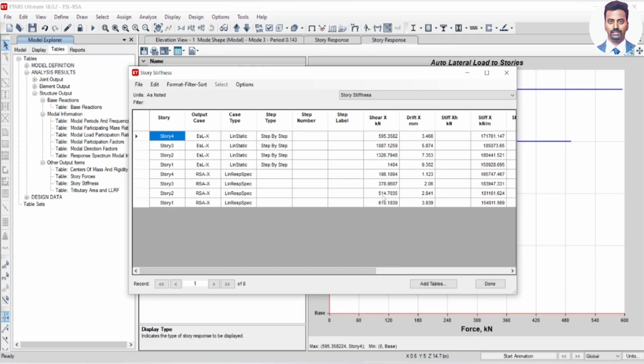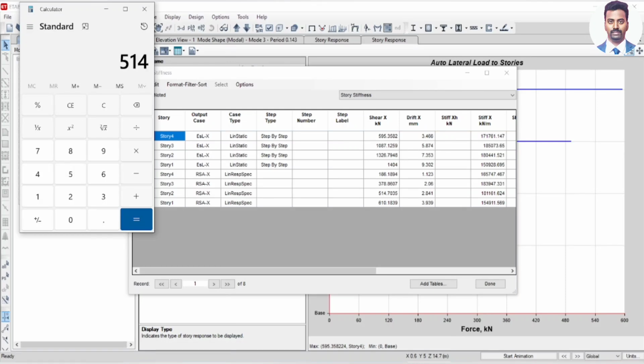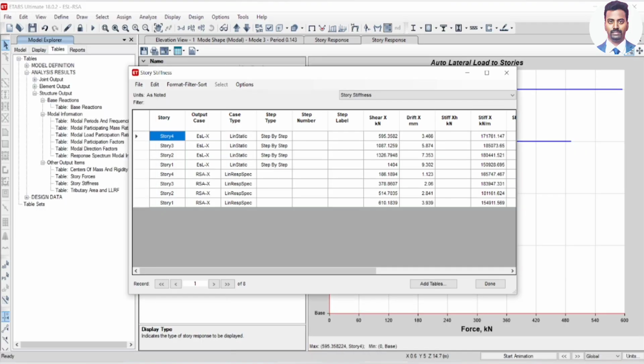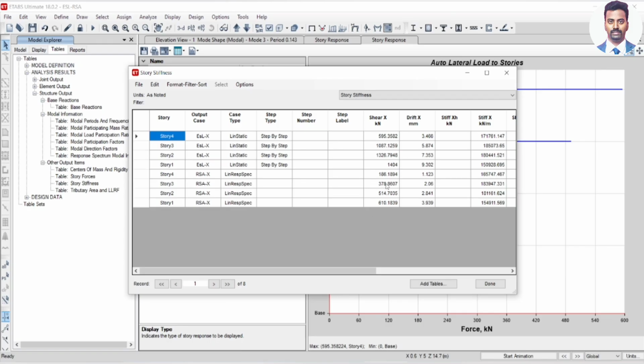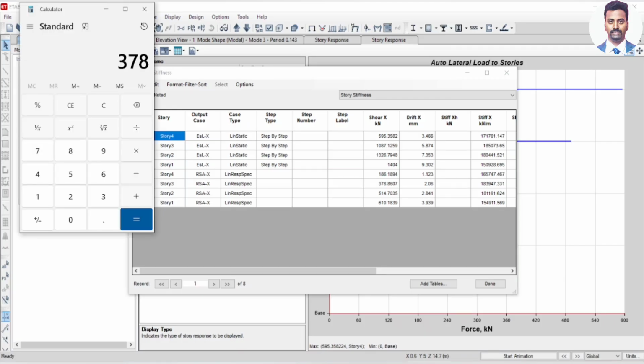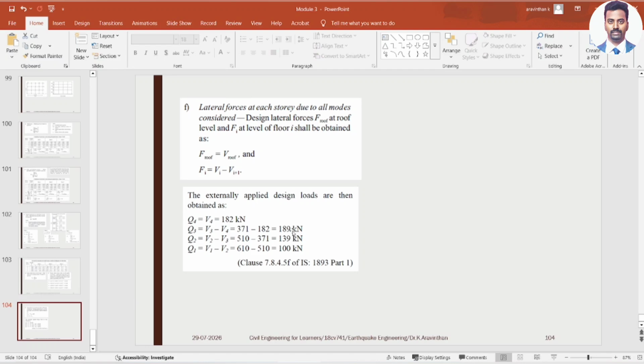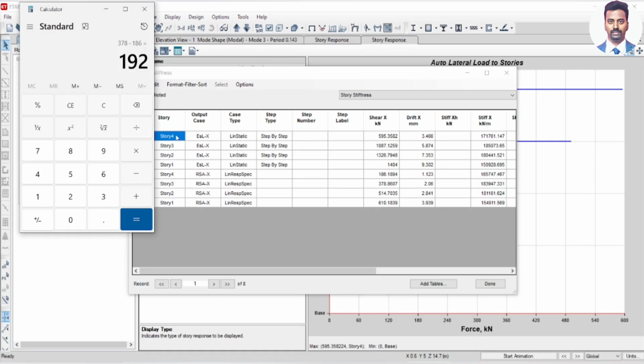That 139, 514 minus 378. 136 is the value we are getting. And here we got 139. Third value is 189. 378 minus 186. 192 is the value. I am rounding it off. Approximately we will be getting 189. Here we got 192.